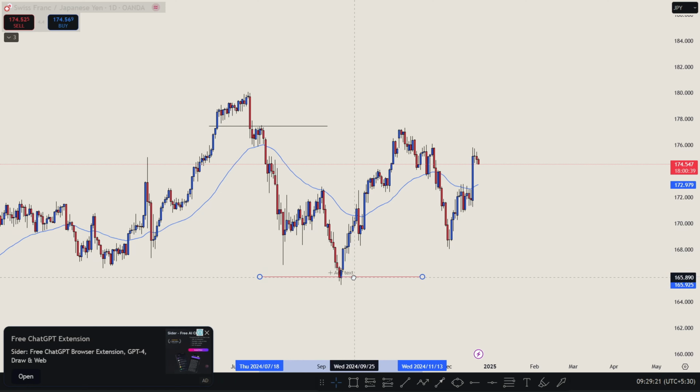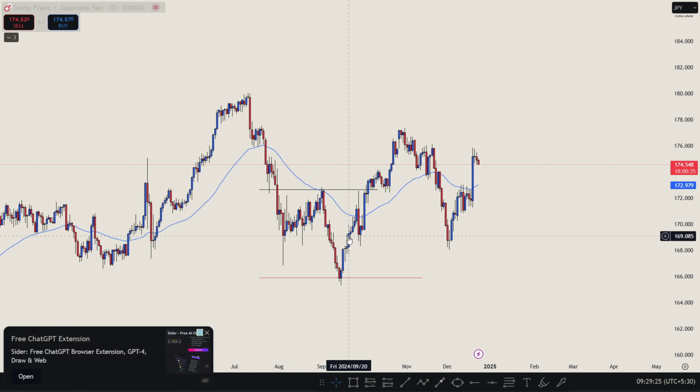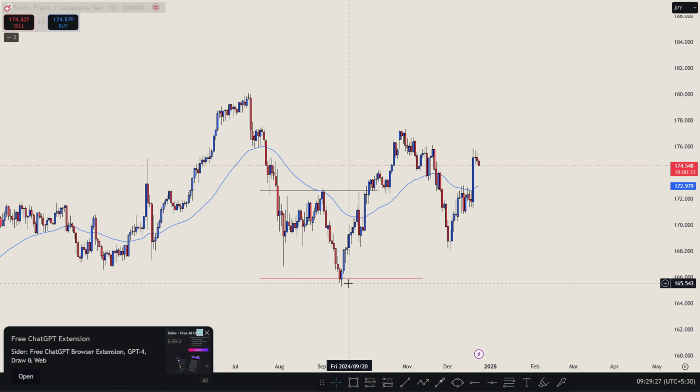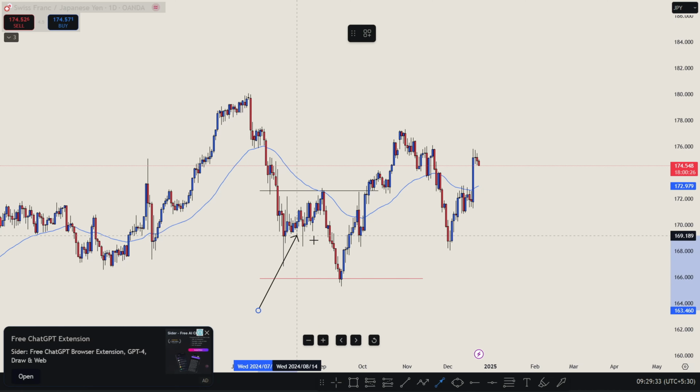As you can see, the lower low gets broken, so this becomes a new lower low. This becomes a lower high. Now I need to show you that if a point gets broken, let's say this point, as you can see, this point was broken by this point and made a new lower low. So the previous lower high was this point. Now you just can't take this as a lower high.